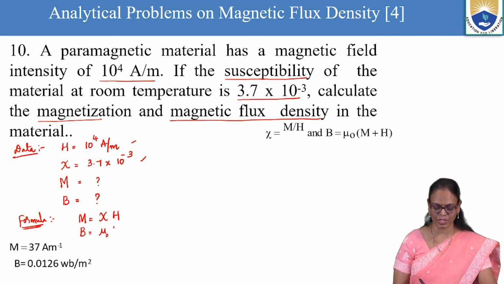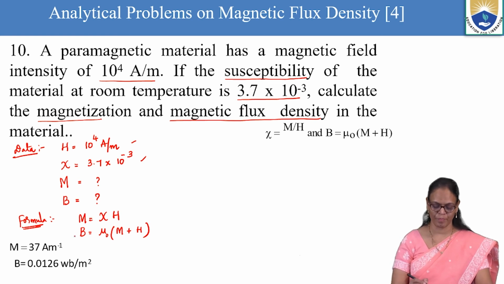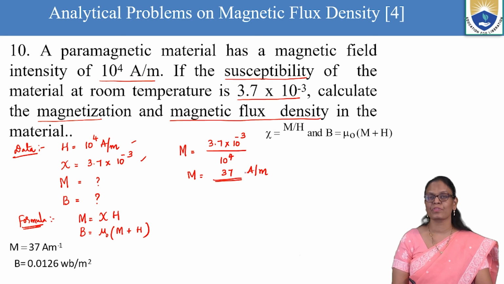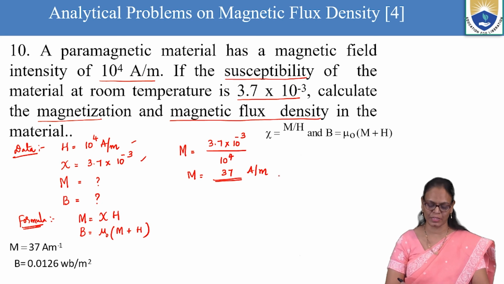B is equal to mu naught into M plus H. We are going to find the value of M, substitute here and get the value of B. So, M is equal to chi into H. So, 3.7 into 10 power minus 3, H is 10 power 4. So, M will be equal to 37 ampere per meter. So, this is the value of magnetization, which is 37 ampere per meter.